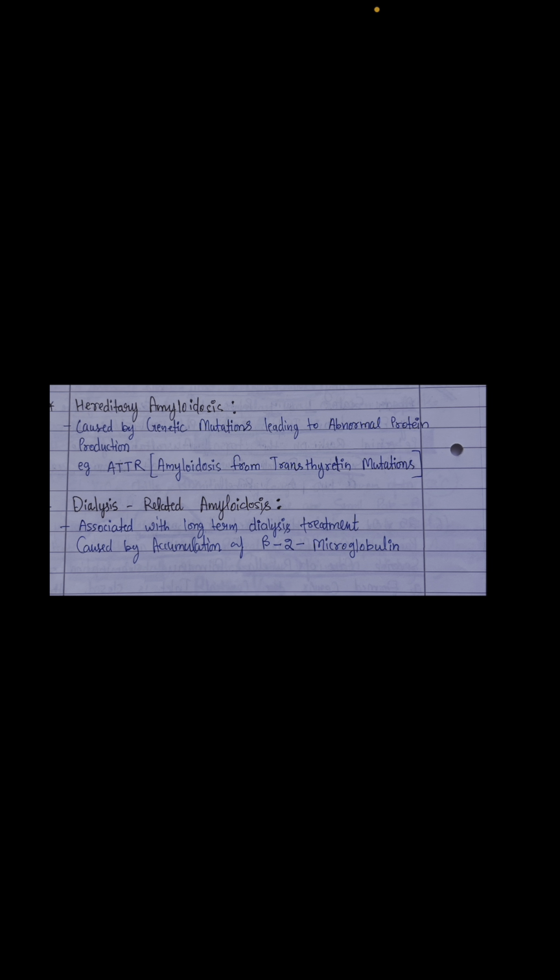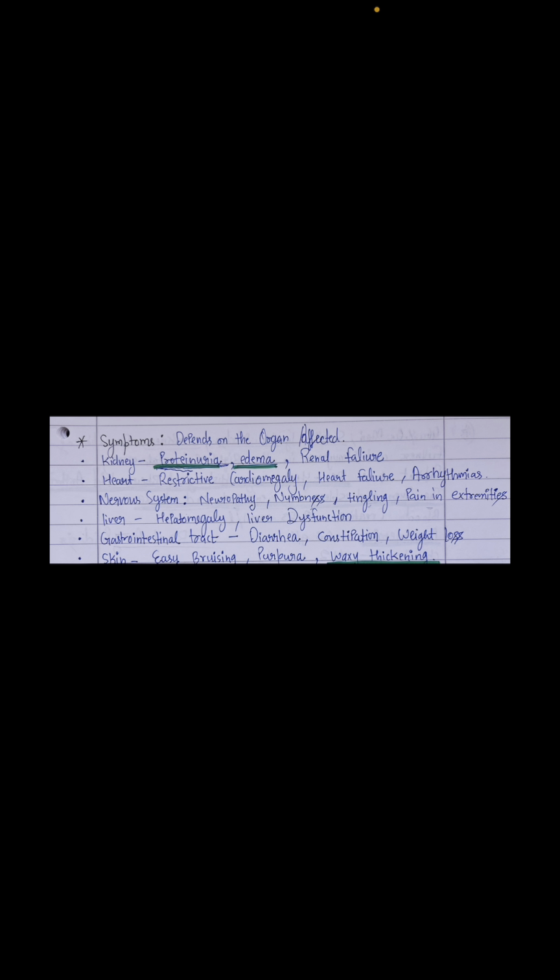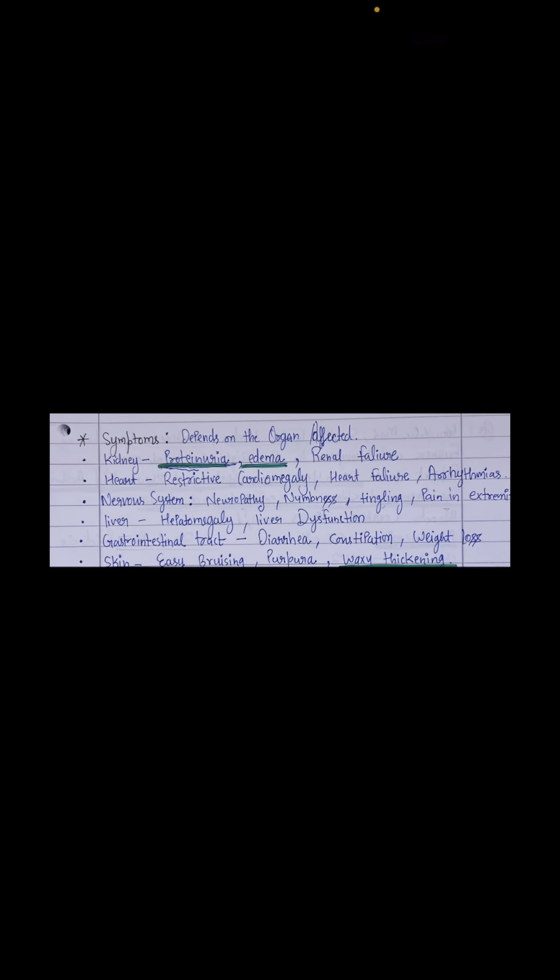Let's move to the symptoms, because I haven't seen any question on hereditary or dialysis related amyloidosis. As I told you, wherever the amyloid deposits are in the body, the symptoms will be explained through the organ affected. If they deposit in the kidney, we will see proteinuria, edema, renal failure.